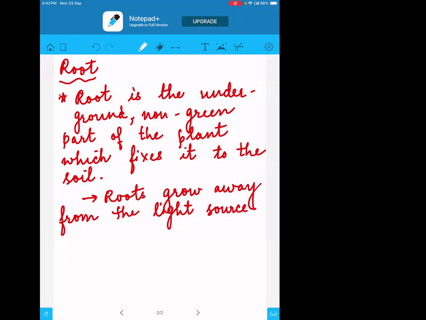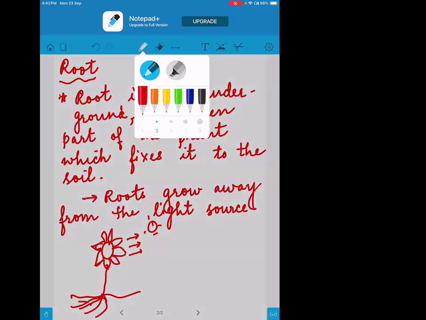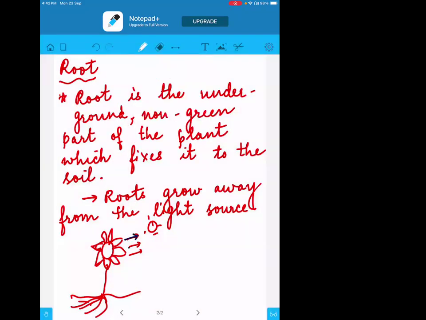For example, suppose here we have a sunflower. Sunlight is here. Now what happened? This sunflower will go in this direction, whereas the roots will start going in this direction. See here, the upper part is going towards the light, whereas the down one is going away from the light.